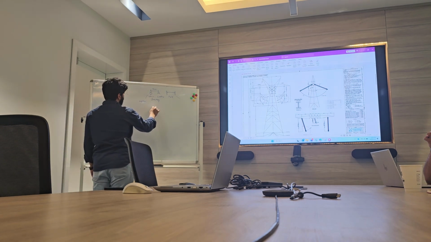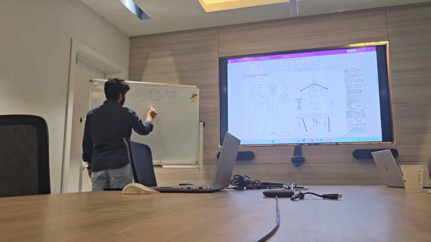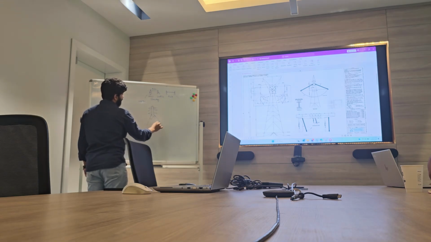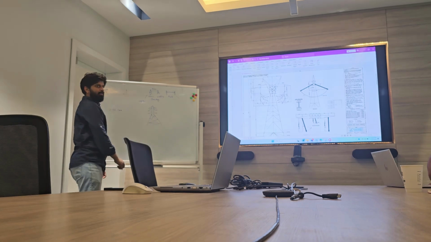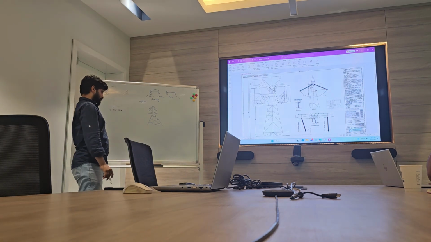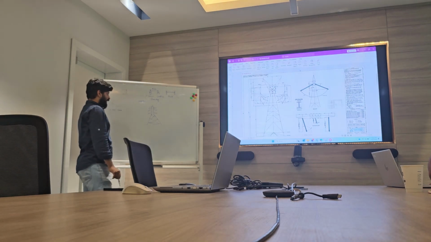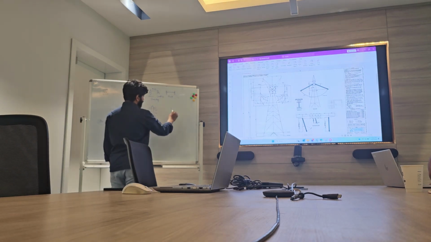Similarly for towers, we have lattice and we have pole.